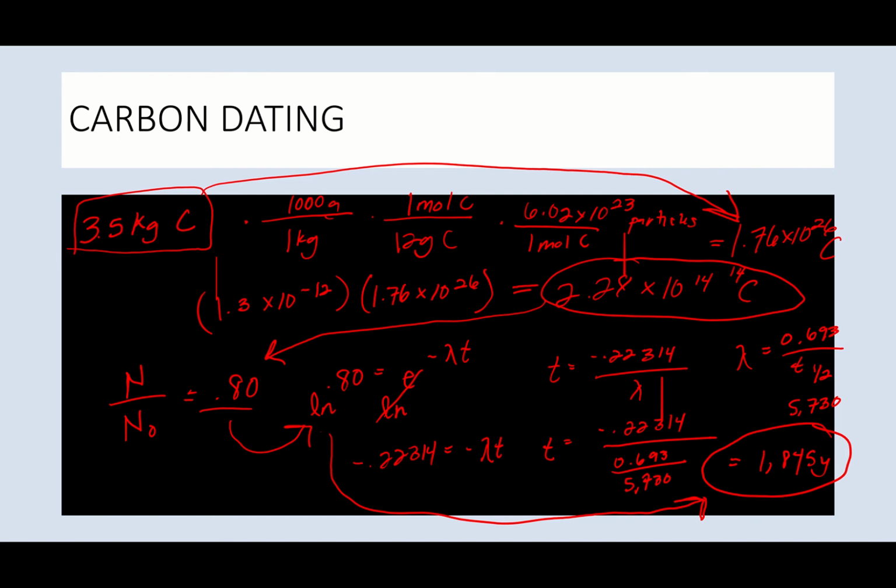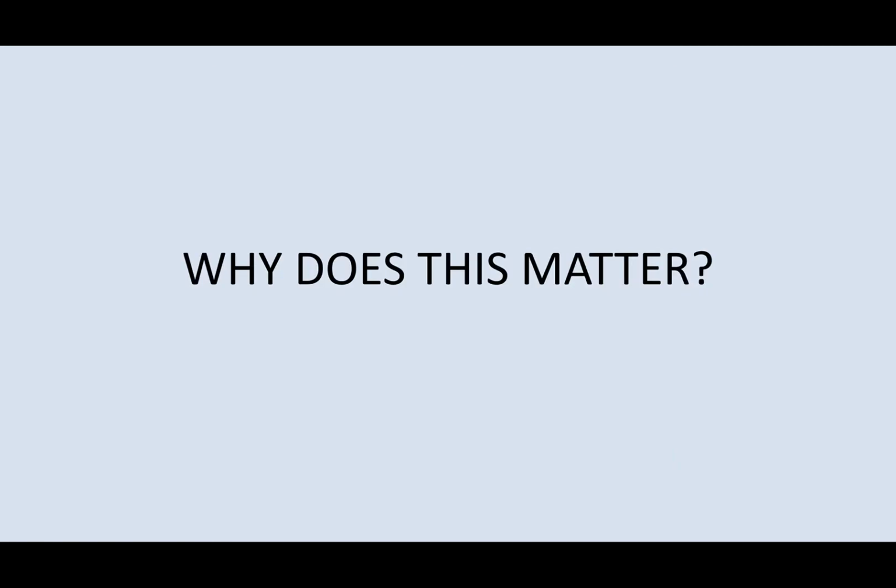Half-lives are a statistical property, but we can still use this technique to tell very accurately how old something is. So now, why does this matter? Carbon dating is an important application of physics concepts that allows us to tell how old things are.